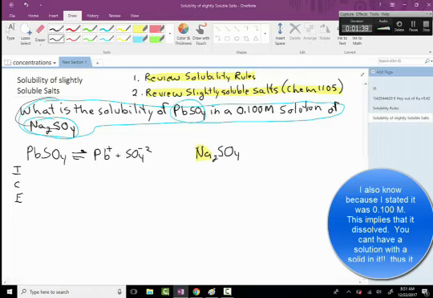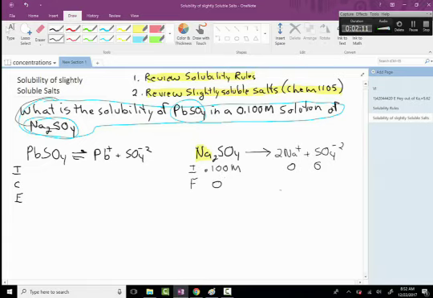So when I react this, it's a one-way arrow, and I get 2 sodium pluses plus SO4 -2. And this is an IF table, and it reacts. Initially, I have 0.100 molar, 0 and 0. When I'm done, I have 0 final, 0.2 molar, and 0.100 molar here.